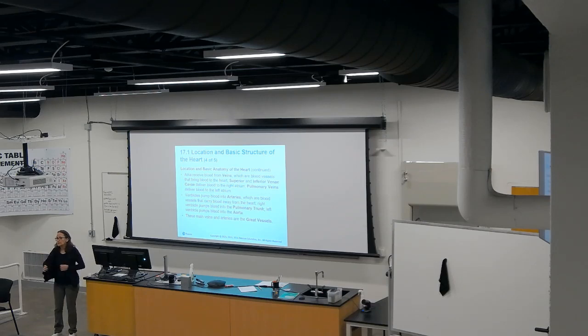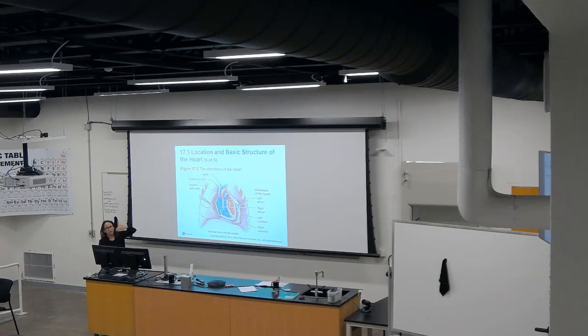But basically in some houses, before the main room, they had a tiny room that was called the atrium. It's like a little porch, an atrium. So that's where the guests used to sit before coming into the main room. So the atrium in the heart is smaller in comparison to the ventricle, the main room. Okay? So atrium, I think it's a Greek word.